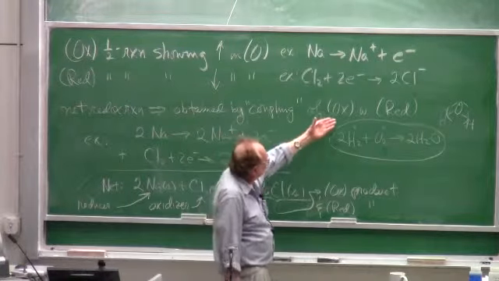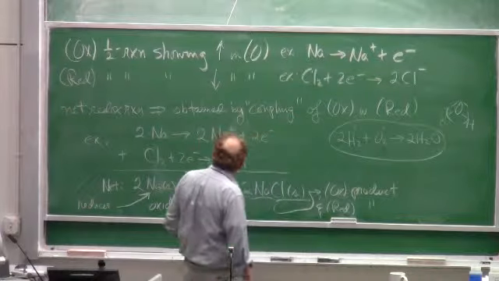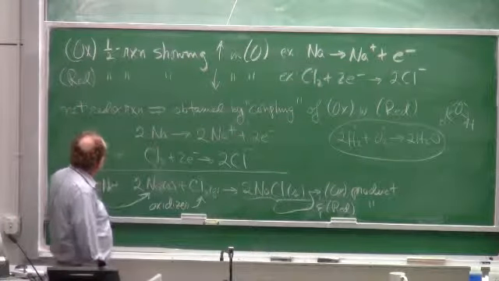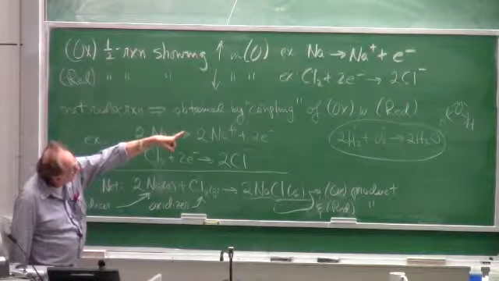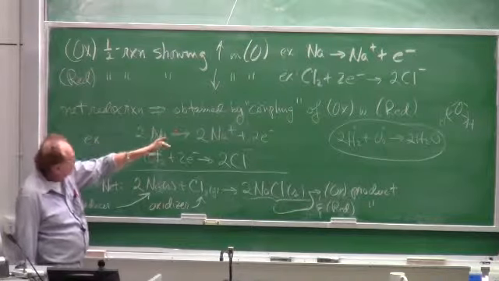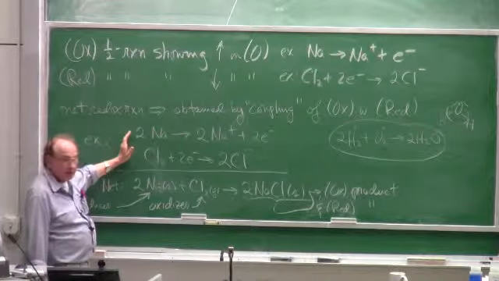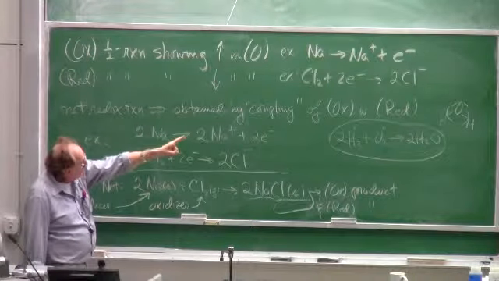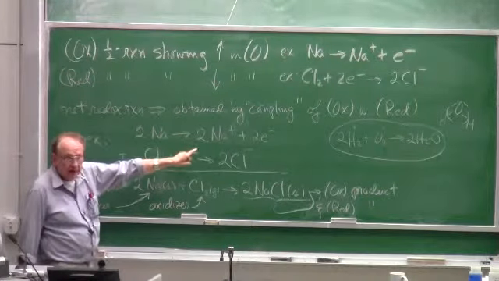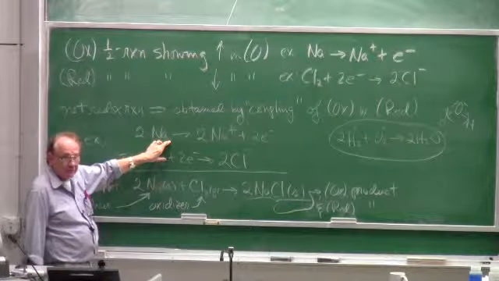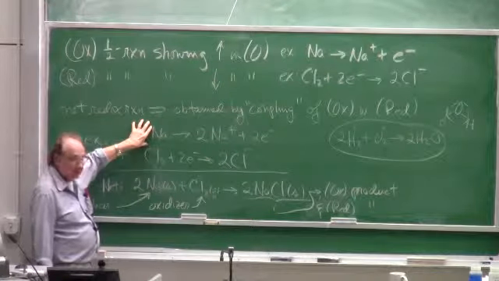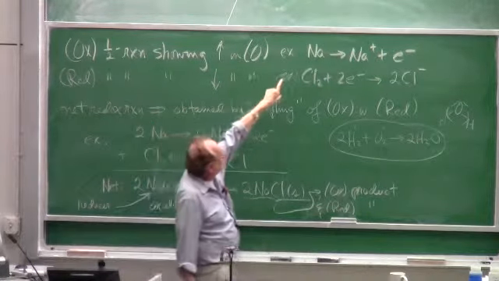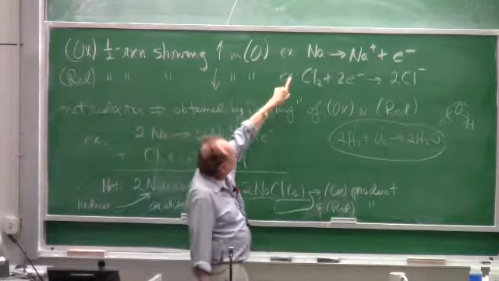So I'm putting together the oxidation half with the reduction half in a systematic fashion, as exhibited for this set of half reactions. What's the systematic fashion to which I refer? Notice that in coupling these two half reactions, I took the sodium-sodium ion half reaction, multiplied it by 2. I could have done the same thing by leaving the coefficient of 1 on the sodium-sodium ion half reaction and multiplied this by a half throughout.